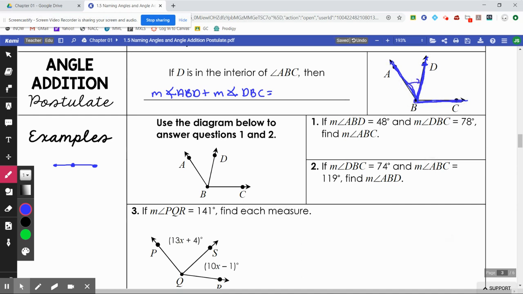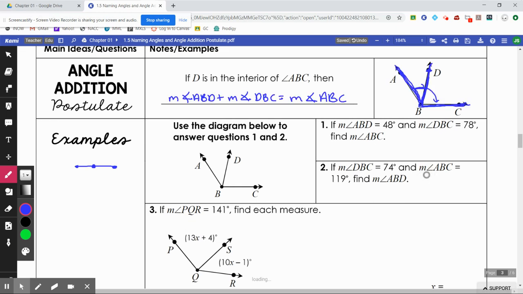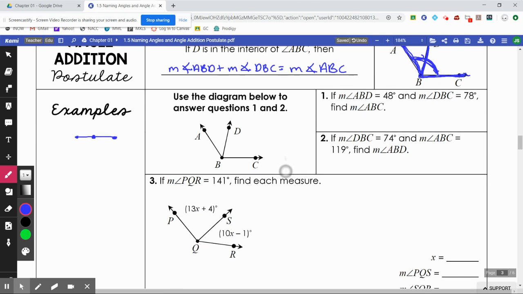I open the door and then I open it a little bit further. Well, how far did I open it? This far. It will equal the measure of angle ABC. This angle plus this angle will equal the whole angle. That's all angle addition is, just like the segment addition postulate.